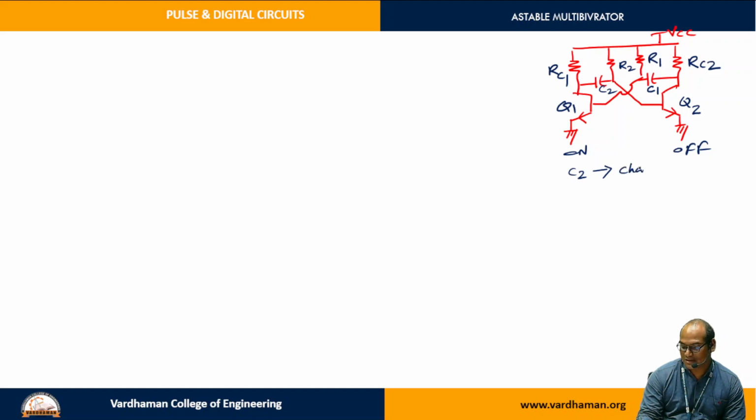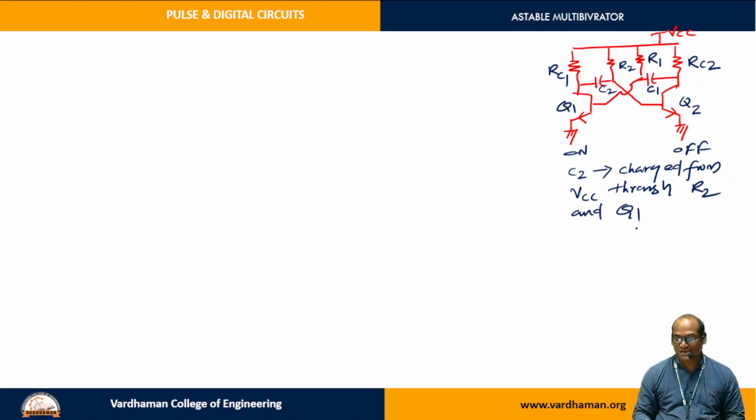C2 will be charged from VCC through R2 and Q1. While it is charging, when VC, that means the capacitor voltage, is equal to V gamma, that is the base voltage of Q2 transistor, then Q2 will become on.